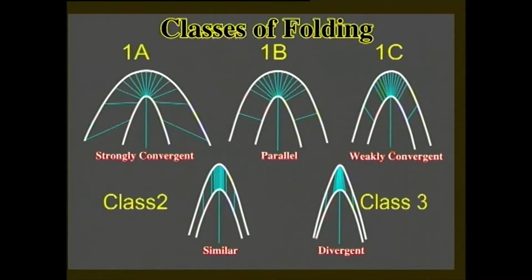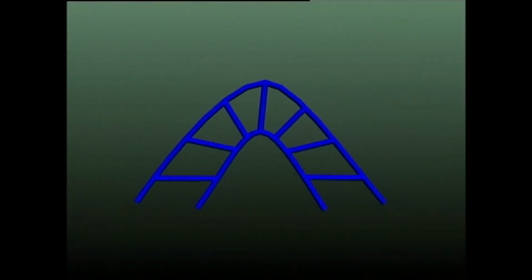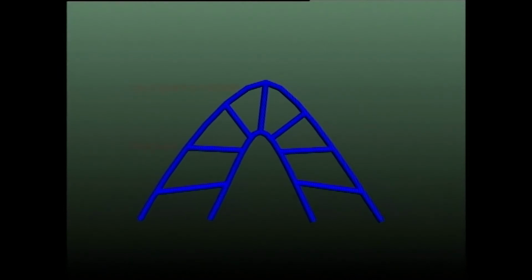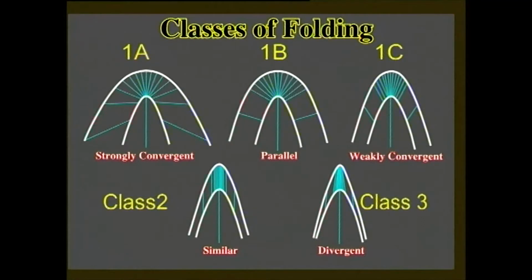The basis of this subdivision is not qualitative, but very quantitative. In subclass 1A, the dip isogons are strongly convergent. I will shortly come to what we mean by strong convergence. Subclass 1B has moderately convergent dip isogons, while in subclass 1C the dip isogons are weakly convergent.